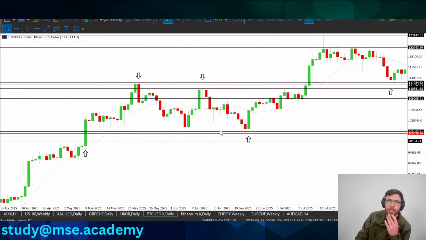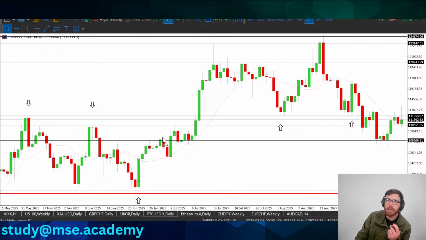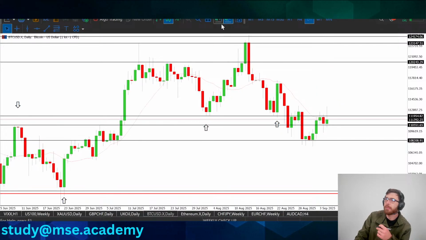So all the buyers are thinking, definitely we're going to have another push back to the 124 level, except it doesn't do that. It pulls back. And as you can see here, look at what the bearish candles look like. There are some big bearish candles stepping in on Bitcoin.